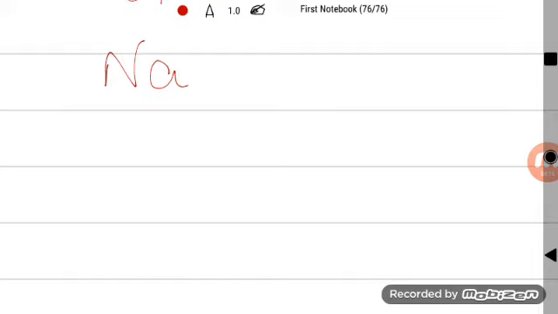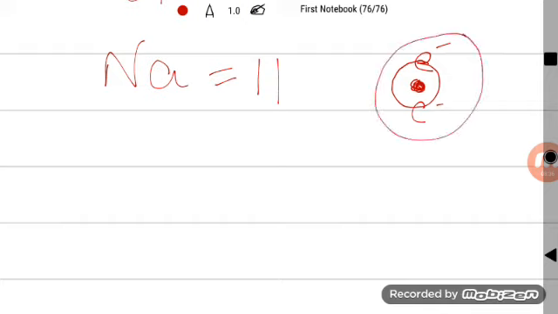Now to calculate the valency of sodium, I already told you we should know the atomic number of this sodium. We should have that knowledge. It is 11. So let us draw. Every time you need not draw the things, but to explain to you I am drawing. In the first shell I will draw 2 electrons. In the second shell, how many maximum can come? 8 can come.